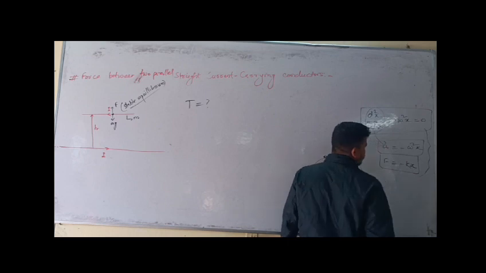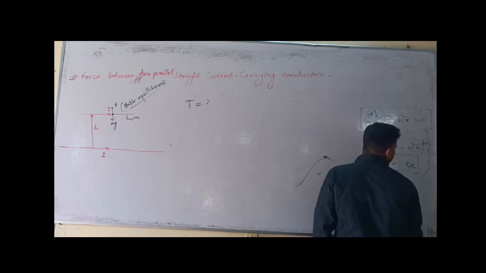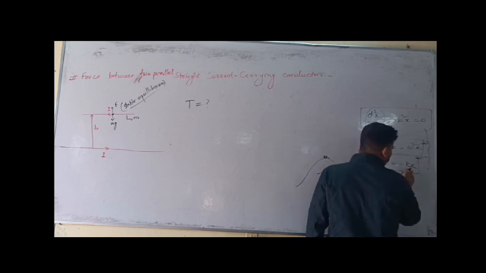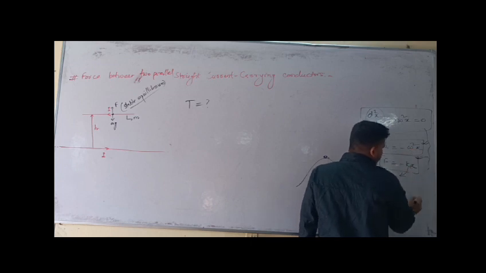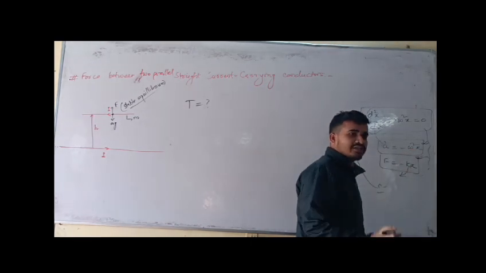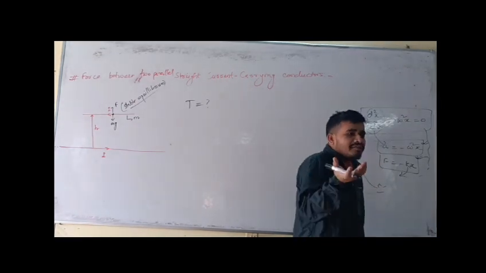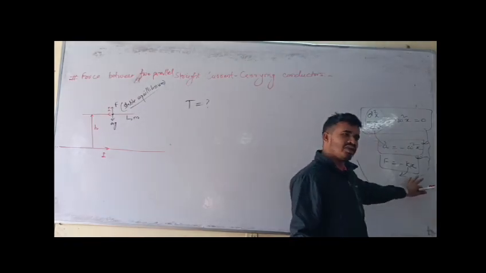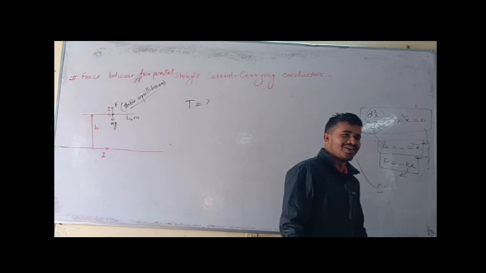For SHM, remember three. You can apply any one. Always try to apply this one so that you can have the correct answer. This will also give the correct answer, but what is K? It is the spring constant in a spring. But everywhere compare the spring constant to the equivalent physical quantity. What is that? I don't know. It is just for comparison purposes. You can compare using this.